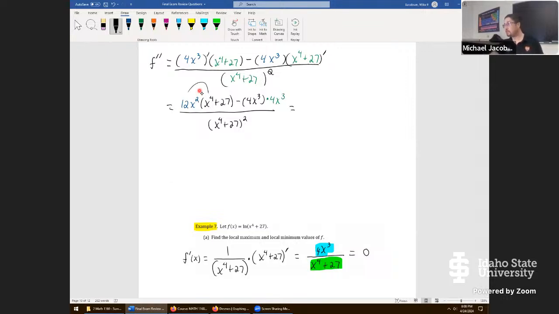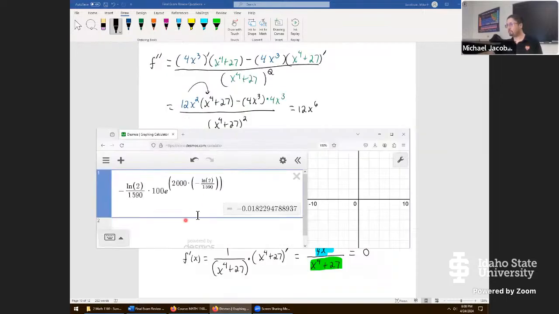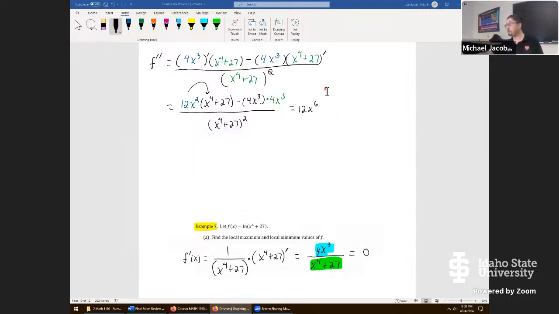So first we distribute. Here to here is going to be 12 x to the power of 6. Next, I'll need a calculator for this portion. I need 12 times 27. So 324 for that portion, and it has an x power 2 as well.